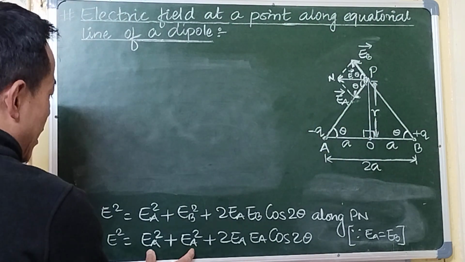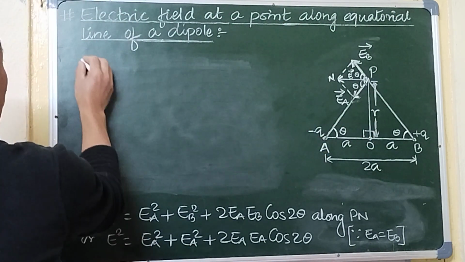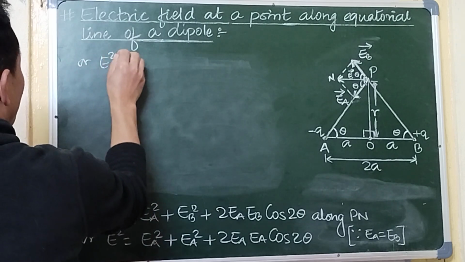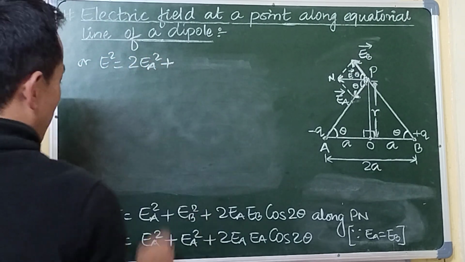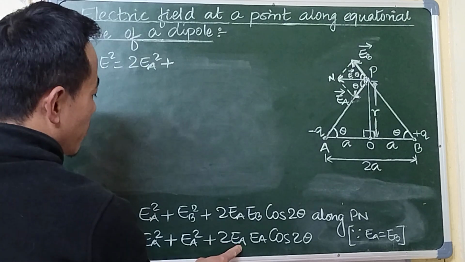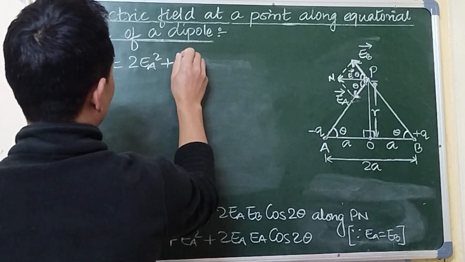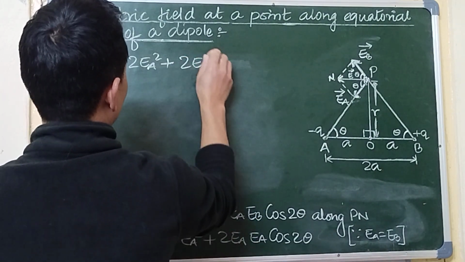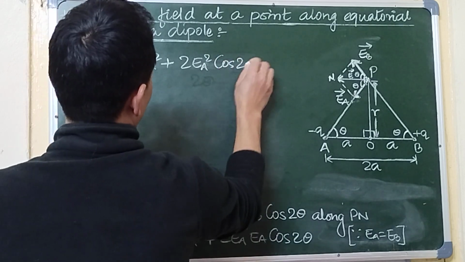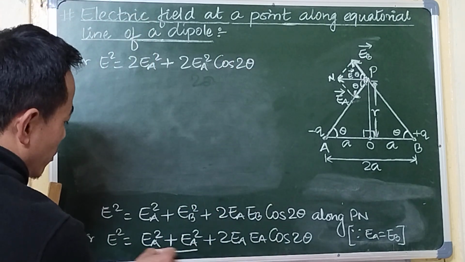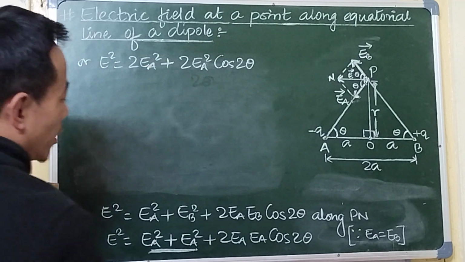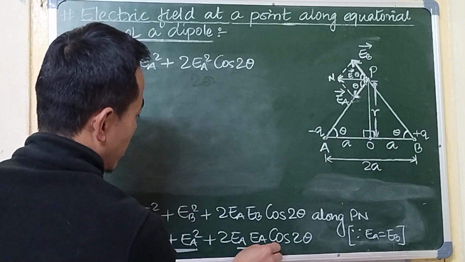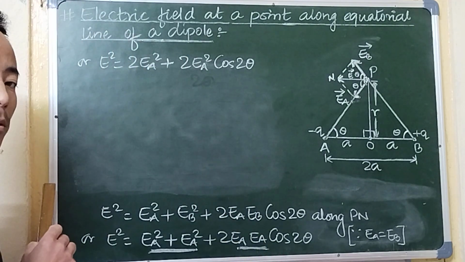So here, if you add EA square and EA square, this becomes twice EA square plus, here if you multiply EA and EA, this also gives us EA square. So we have added this to EA square plus EA square, so we got twice EA square. Here we have multiplied EA and EA, we got EA square here.